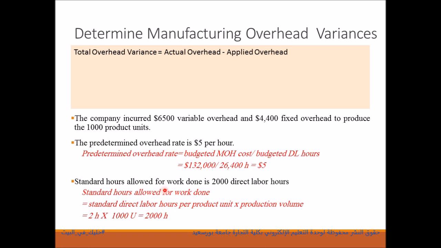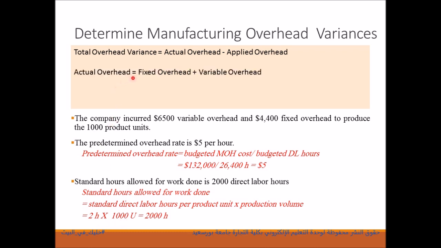And standard hours allowed for work done, standard hours that should have been used to produce the 1,000 product units is 2,000 direct labor hours. This can be simply obtained by multiplying two standard hours of direct labor required to produce a single product unit by the 1,000 units production volume.